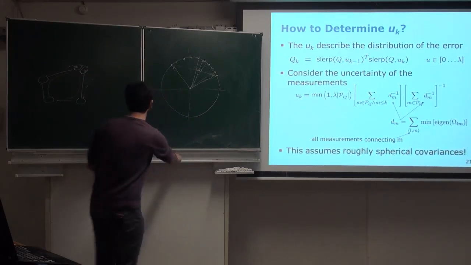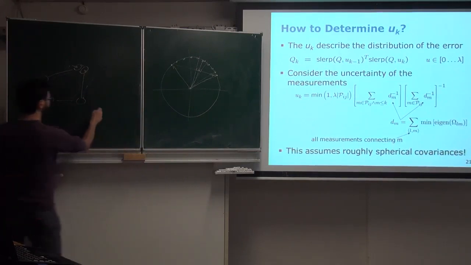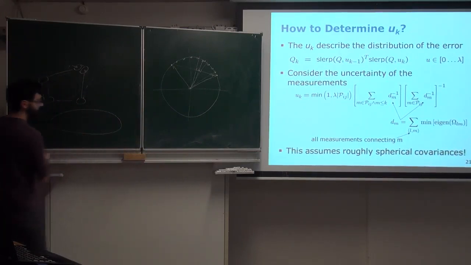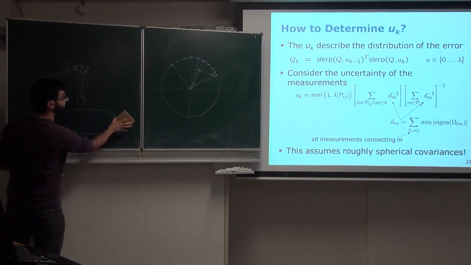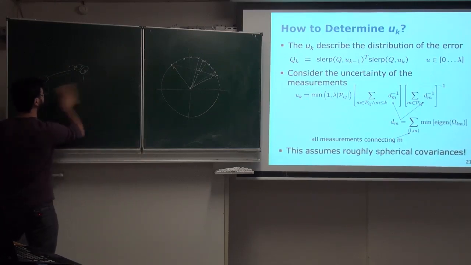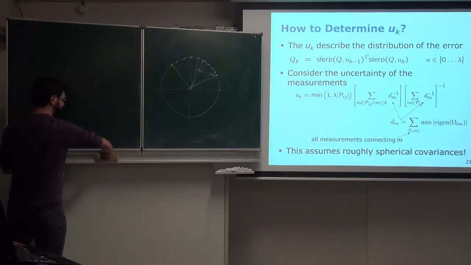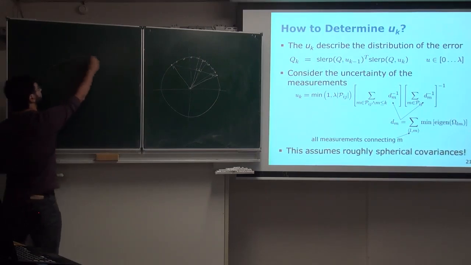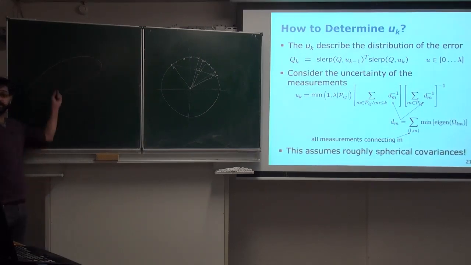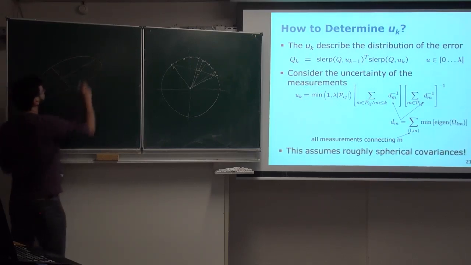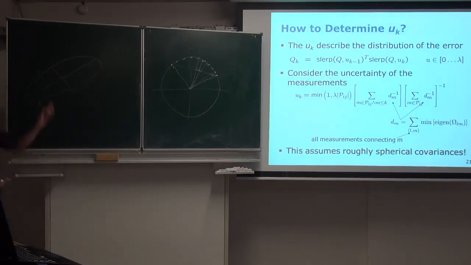Okay, this means if you have an uncertainty which is shaped like this, let's do the information matrix so it's clear the mapping. So if you have an information matrix shaped like this, so the covariance matrix is shaped like this, we take the eigenvalues, they look like this, this is the eigenvectors.